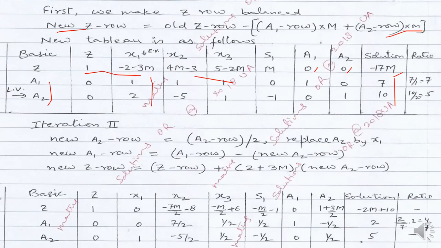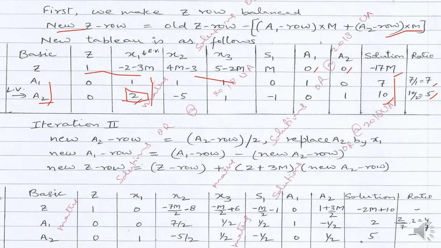So 7 upon 1 is 7, and 10 upon pivot column element 2 is 5. So minimum is 5, and a2 becomes our leaving variable. This a2 row is our pivot row, and the element at the intersection of pivot column and pivot row is 2, the pivot element.